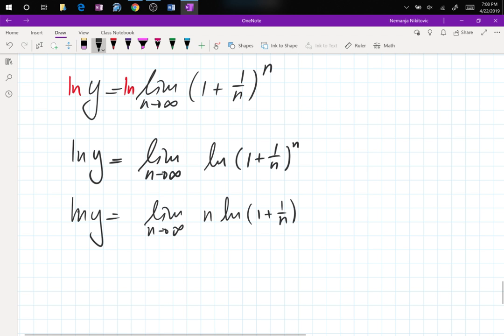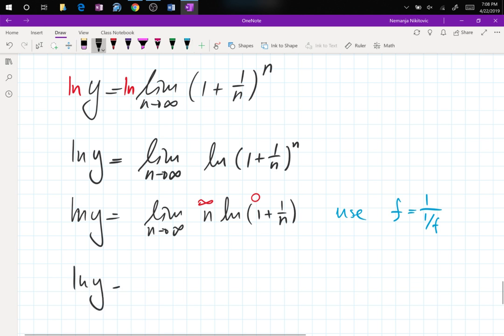I hope you do. Infinity times 0, because 1 over n is 1 over infinity, which is 0. ln of 1 is 0, so I have infinity times 0, and now I can use the good old f equals 1 over (1 over f).